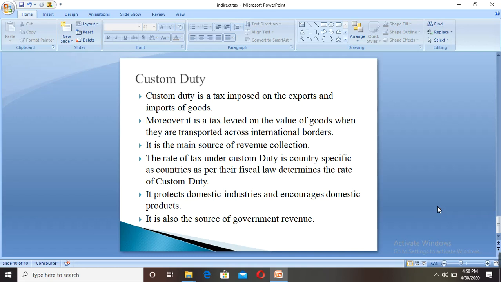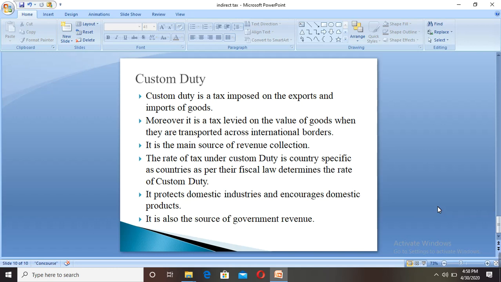The advantage of custom duty is that it protects domestic industries and encourages domestic products, because when there is an imposition of custom duty on imported goods, the price of those goods will be very expensive, and people of low income and average income may not afford or may not buy those expensive items. They buy domestic items instead of buying international or external products.